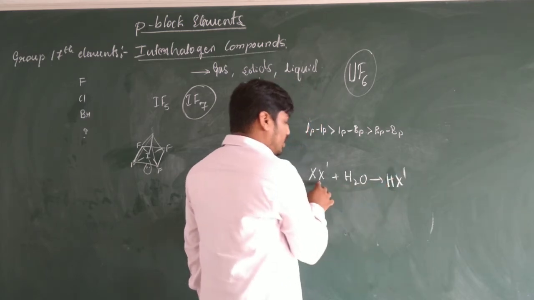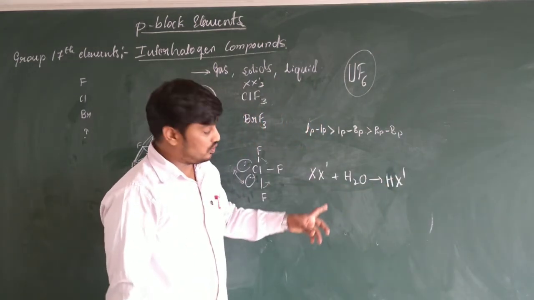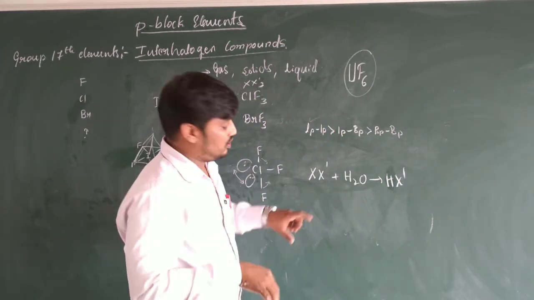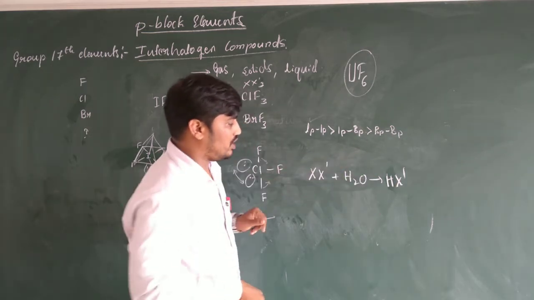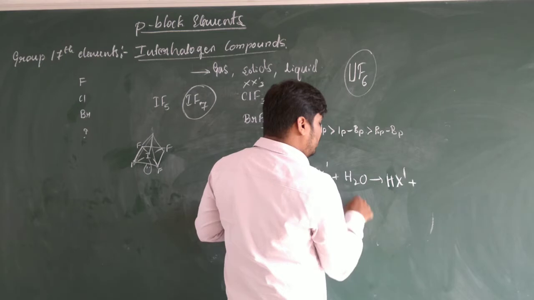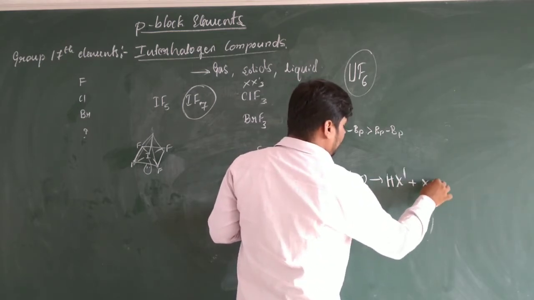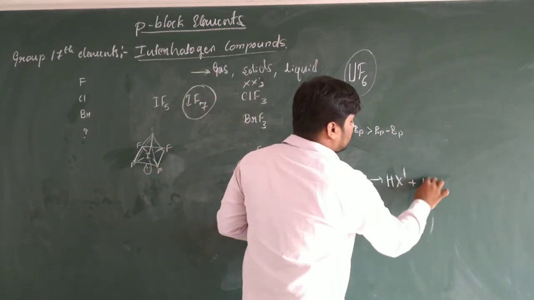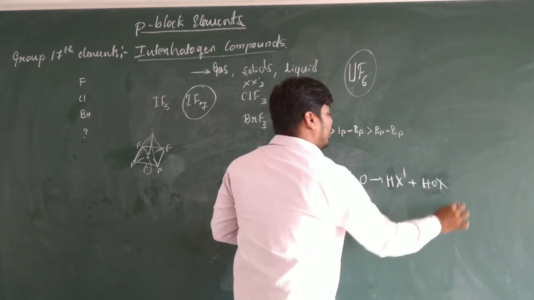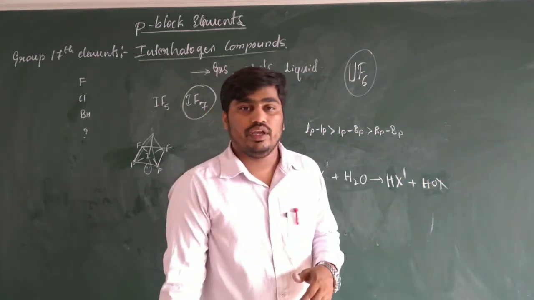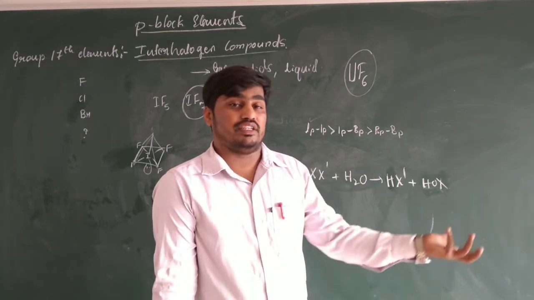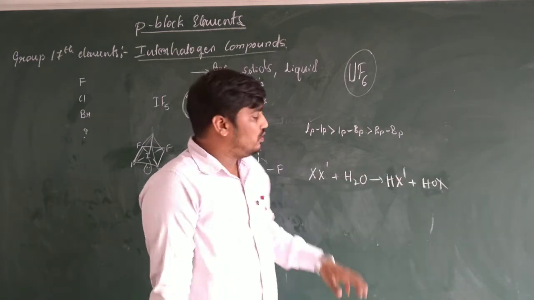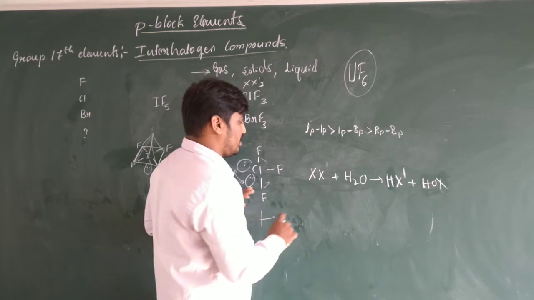This concept is important: the more electronegative atom, that means the smaller size halogen, forms this type of hydride, and the other forms HOX, that is hypohalite, halite, halate, perhalate. So different types of compounds are formed. Let us discuss these things.